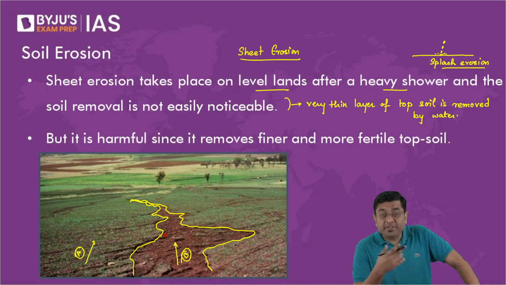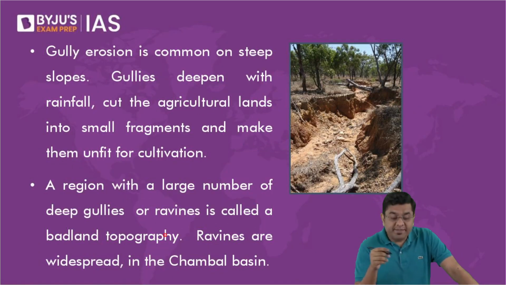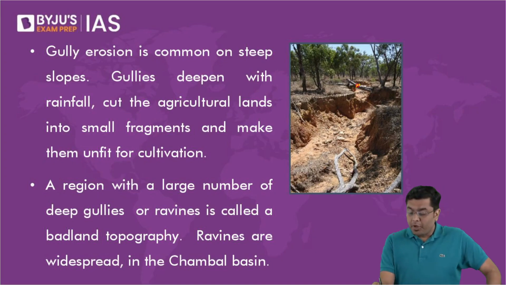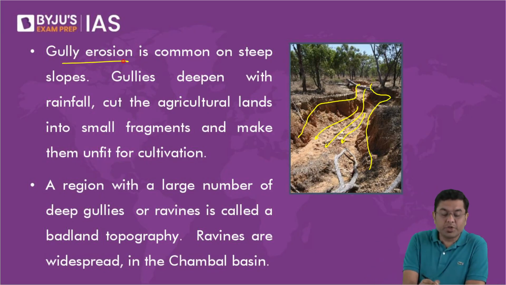Deepening of these channels creates rills, and further deepening of them ends up creating gullies. Observe how the water has simply carried away the soil in this region and created gullies. This is what is referred to as gully erosion.